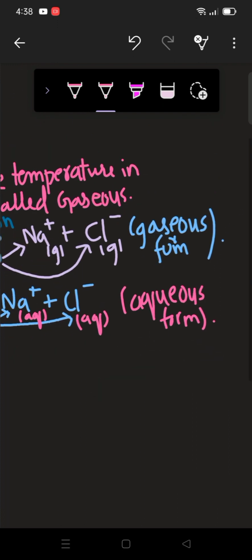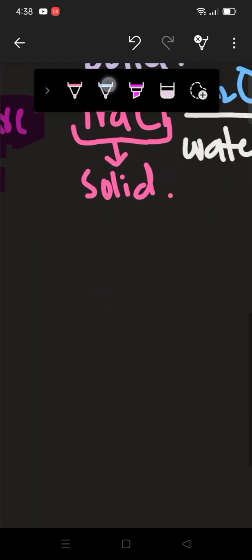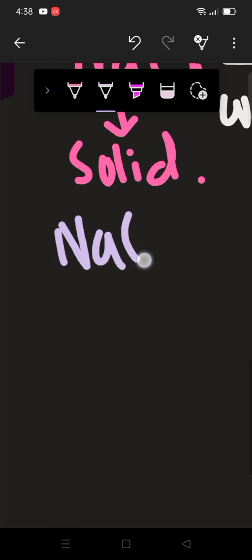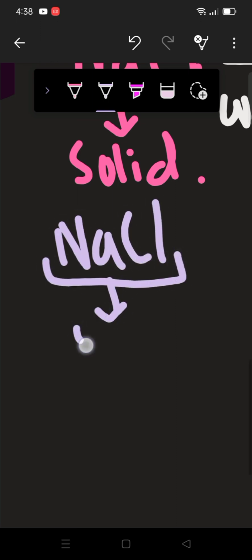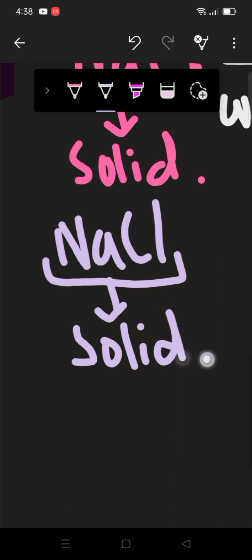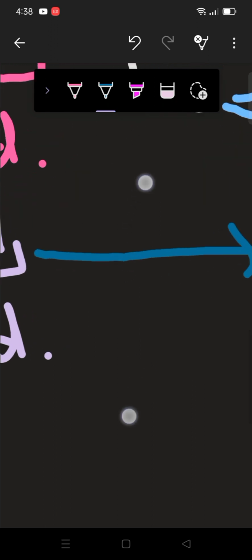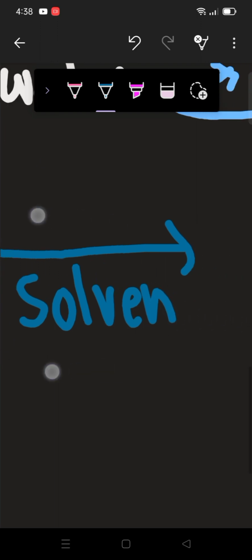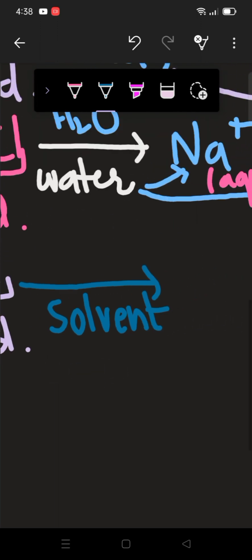The last but not the least, taking the same compound, NaCl, which is solid, now we will do the reaction with the help of a solvent. Now what is a solvent? A solvent is a substance which has an ability to dissolve something in it.